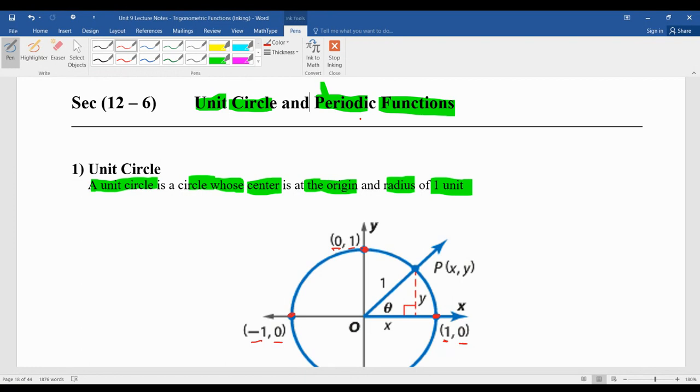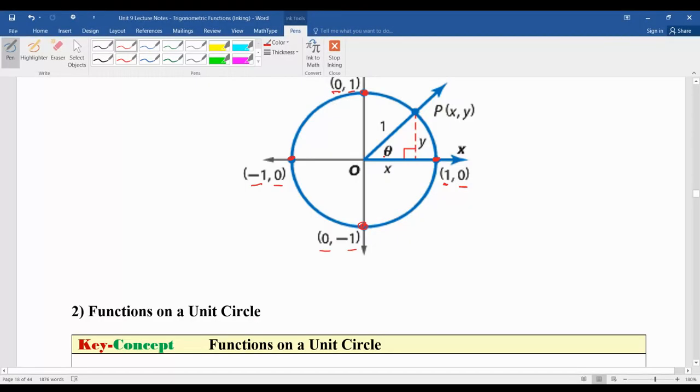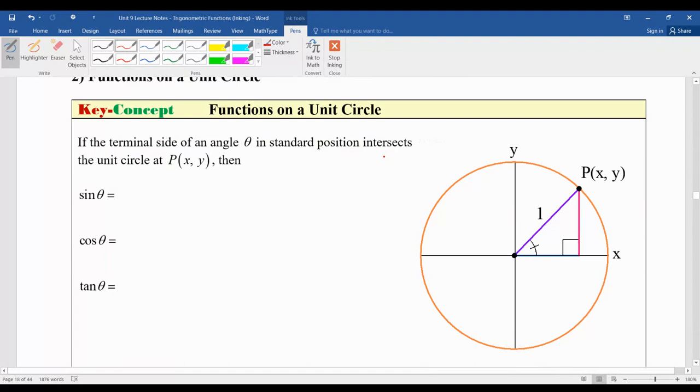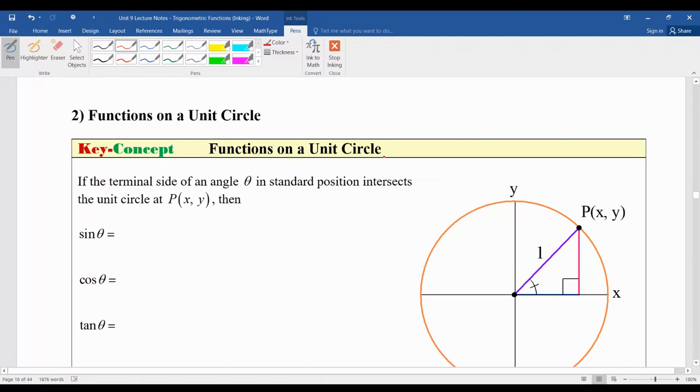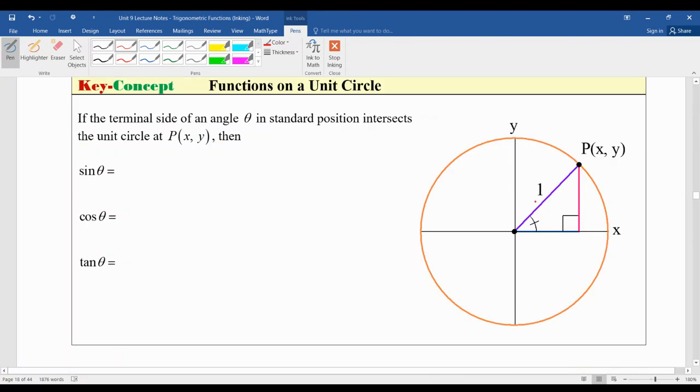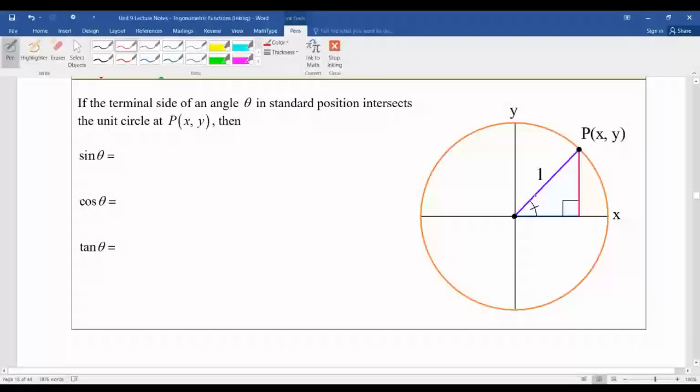And we're going to be looking at trig functions, of course, and all trig functions actually repeat their values. So we're going to be going back and looking at the six trig functions, but this time on a unit circle. So here's the unit circle on the figure.